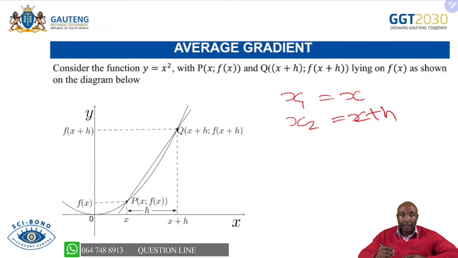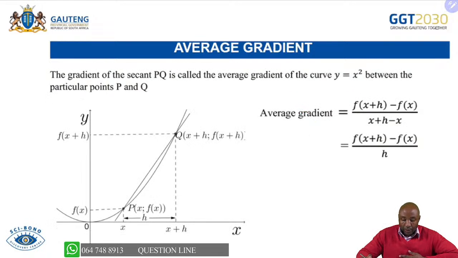So you are adding a distance from that point so that you are able to get point Q with an x value x2, which is x plus h. Then from there, we are able to still use the formula for average gradient. Our f at x2 becomes f of x plus h, which is the y value when our x is x plus h. And the original point P will have coordinates x, and the y value becomes f of x.